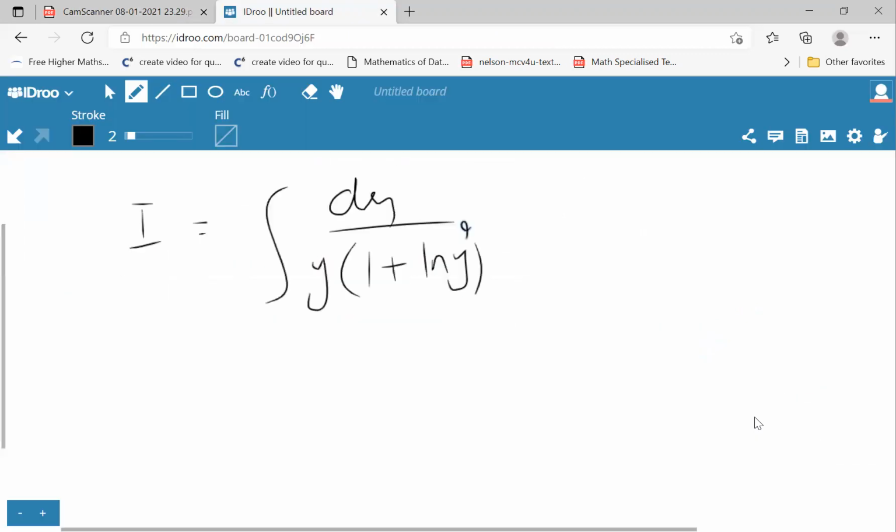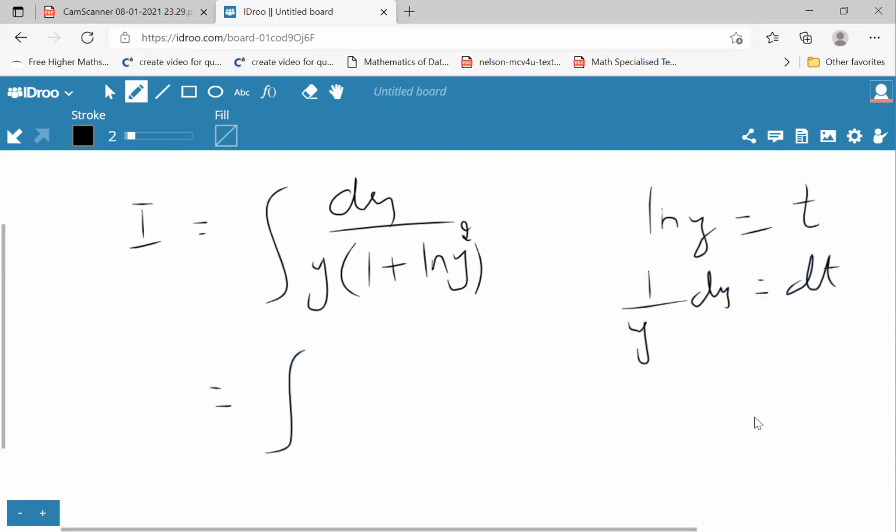It's not ln y the whole square, it's ln y squared. Let us take ln y to be equal to t. Differentiating on both sides, you'll get 1 by y dy is equal to dt. Now substituting here, that will give you dt by 1 plus t squared.